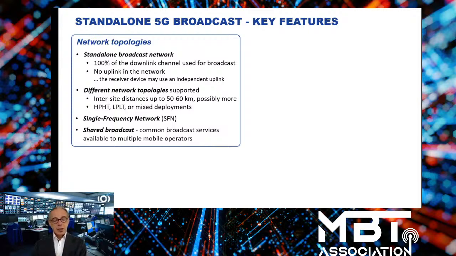The network can be deployed in a typical broadcast transmission configuration, so large intersite distances. The specifications allow up to 50-60 kilometers, but I think you can achieve more under certain conditions. But you can also deploy it on a dense network, so there is a lot of flexibility. How can that be done?